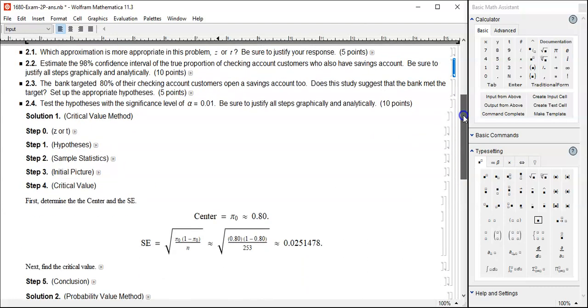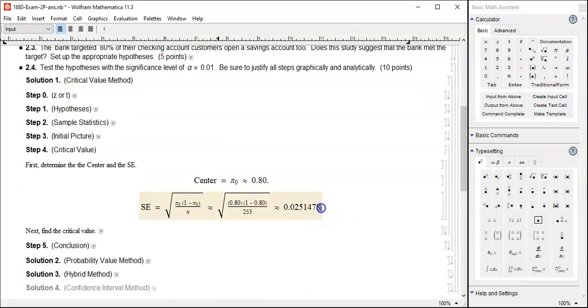Now this is a hypothesis testing problem, so we use null proportion. So same SE formula, but different number. Different center, so different number, of course. So we get a little bit different SE as before. So if you use previous SE, you'll lose some credit.